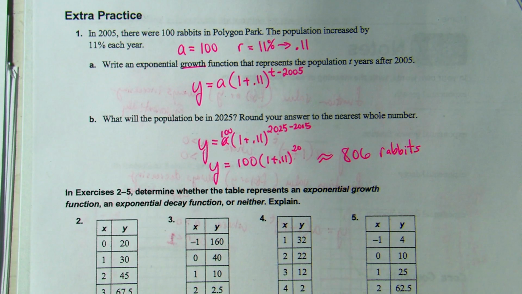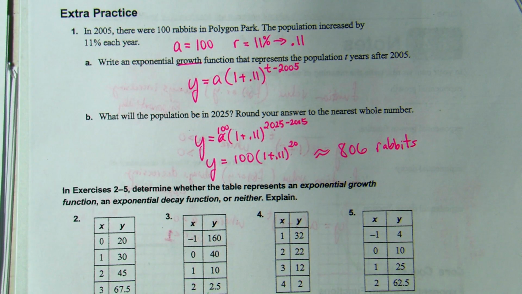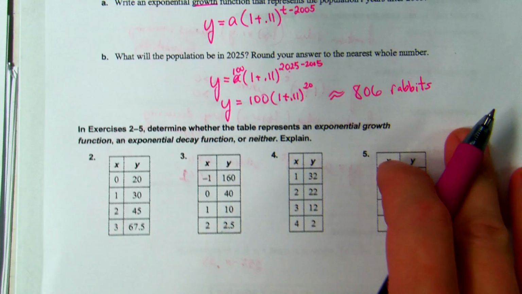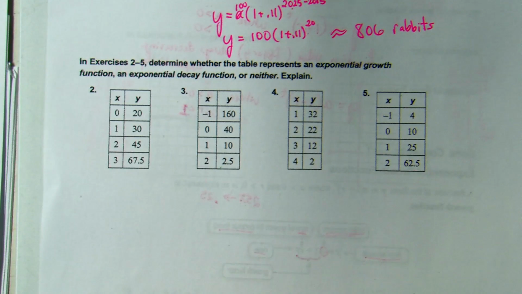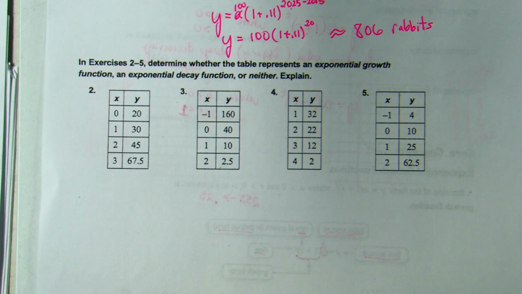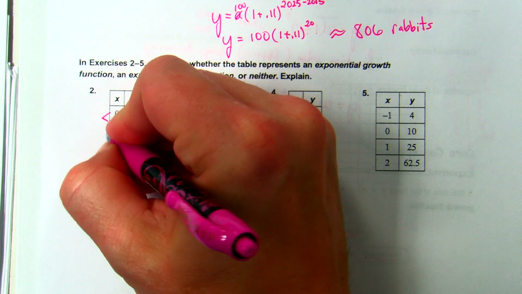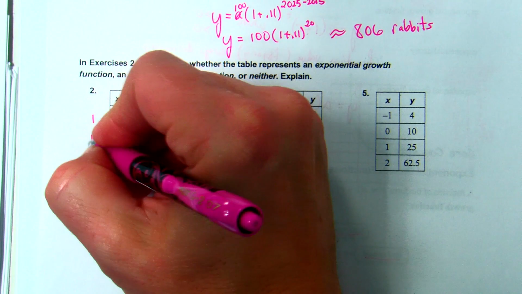So at this point, all we really had to do was plug these values into the locations once we found them. All right, let's look at the last few things here: 2, 3, 4, 5. Determine whether this is an exponential growth function, exponential decay function, or neither, and explain. On the first one, again, they made it easy for us on the x side.